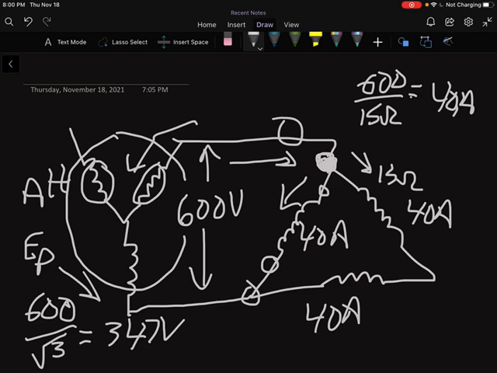And just like voltage, we are not going to be exactly twice. It's not going to be 80 amps, although if we were doing a single-phase circuit, we would have 40 go one way, 40 go the other way.